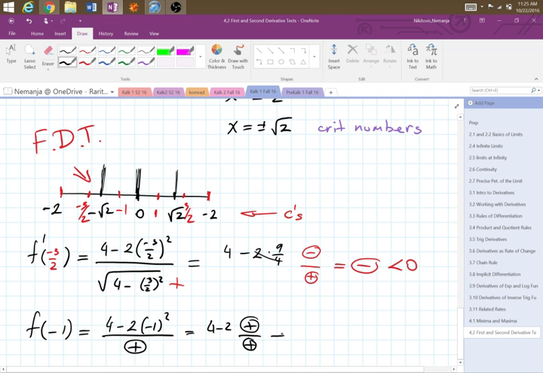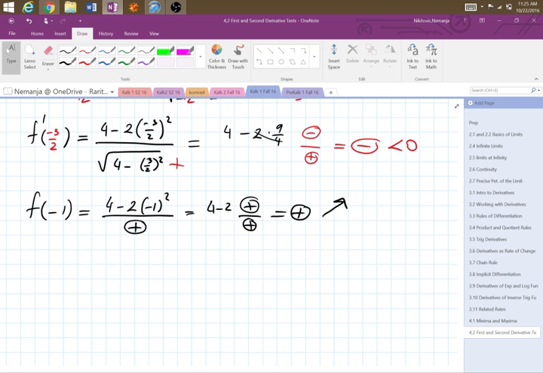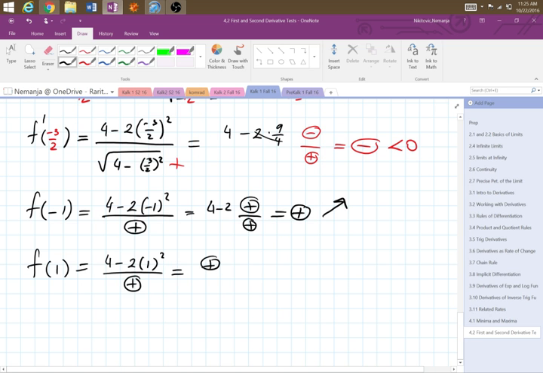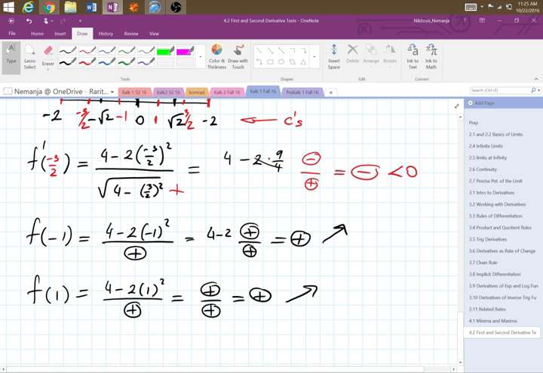We get positive, which is an increase. Then f of 1: 4 minus 2 times 1 squared, divided by positive. It's again the same situation. We get another increase.